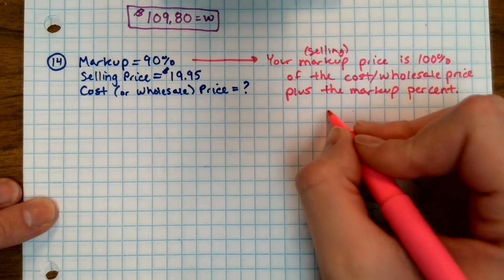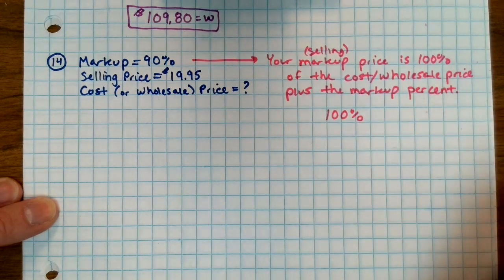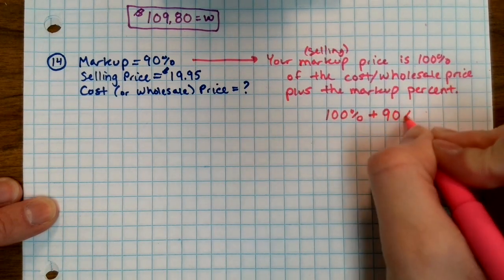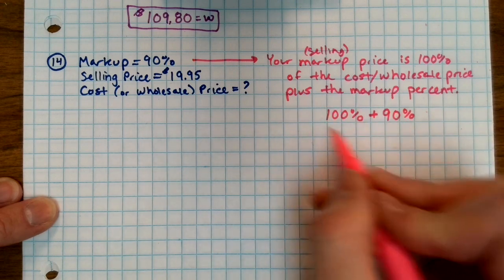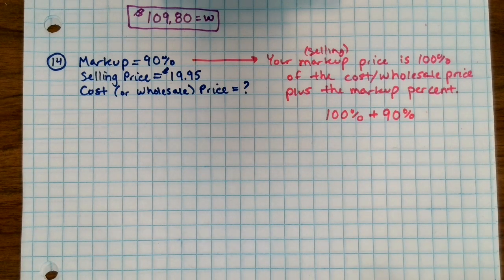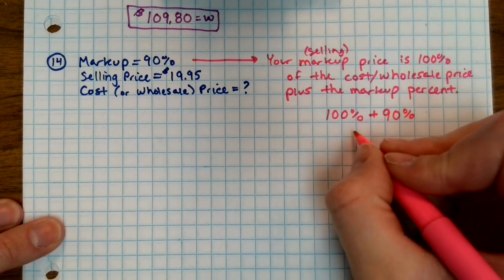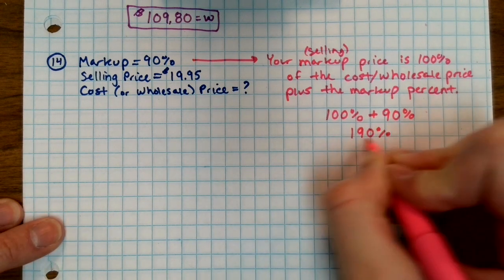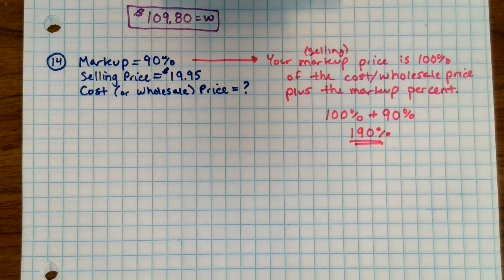So we're doing 100% of the original price plus the 90% markup amount. Your total percent in this problem would be 190%. That's what we're going to use when we do this problem.